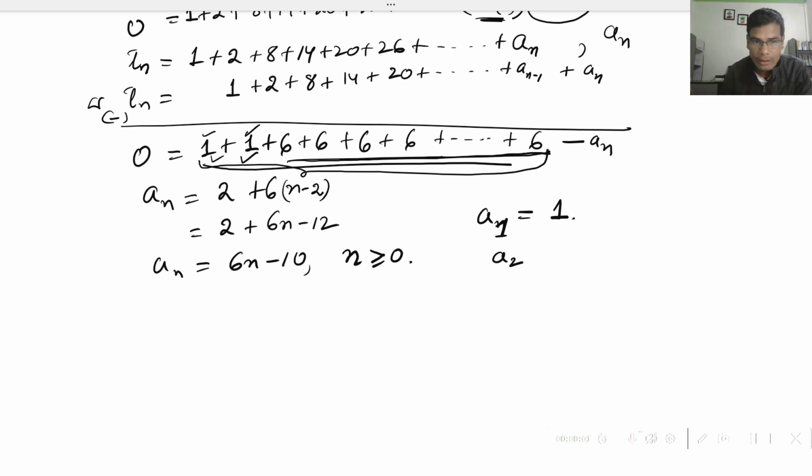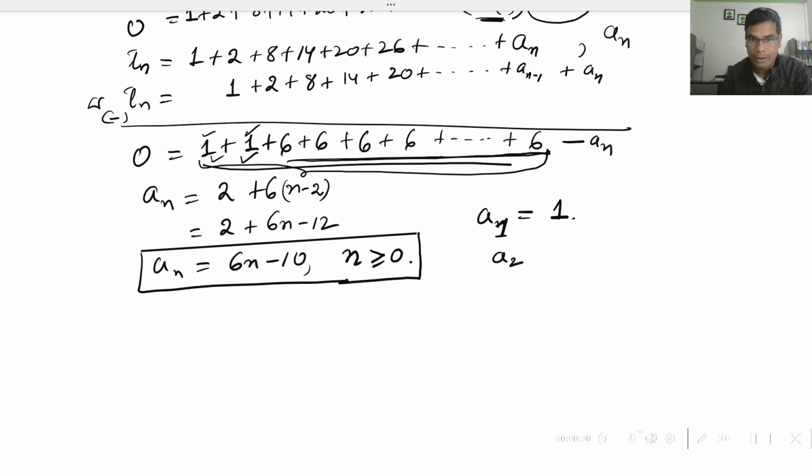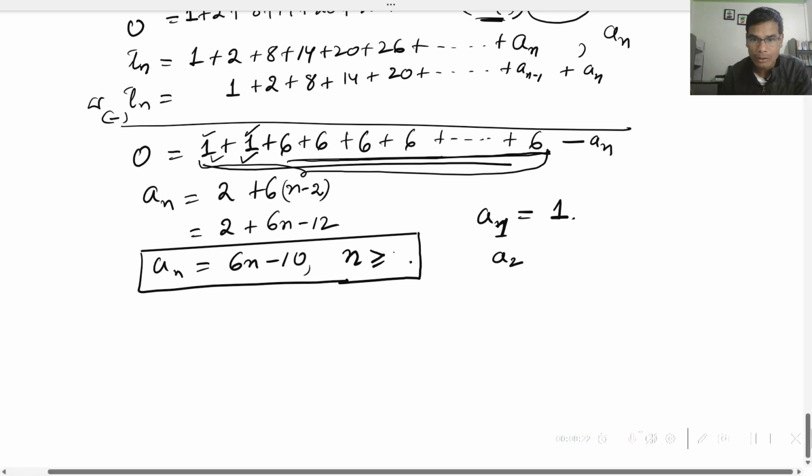So this general nth term, or the general sum of the first n, is true for n equal to 2 and above. So n greater than or equal to 2, not 0.